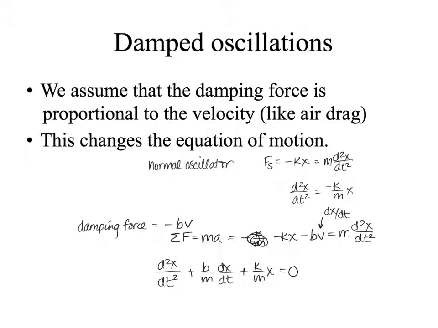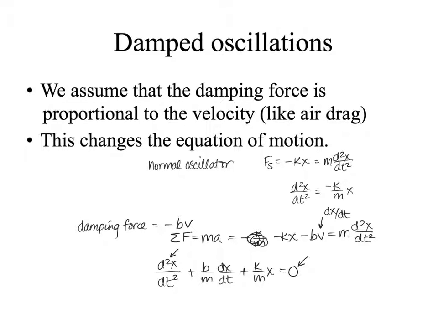Just for kicks, this is a second order differential equation because the highest derivative is the second derivative. It's also called homogeneous because all the terms involving x, our solution, are on the left-hand side, which is equal to 0.